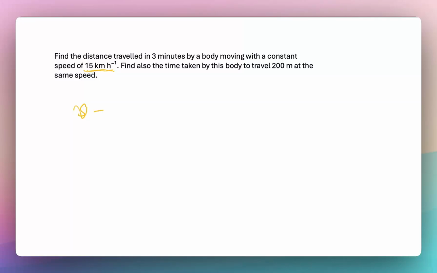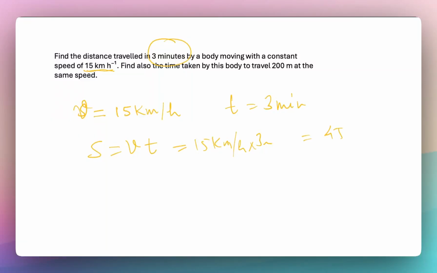So speed v is going to be 15 kilometers per hour, and the time which is given here is 3 minutes. Now we cannot blindly say that the distance traveled is going to be v into t. If you say 15 kilometers per hour into 3 minutes, it is not going to be 45 kilometers. That's going to be totally wrong.